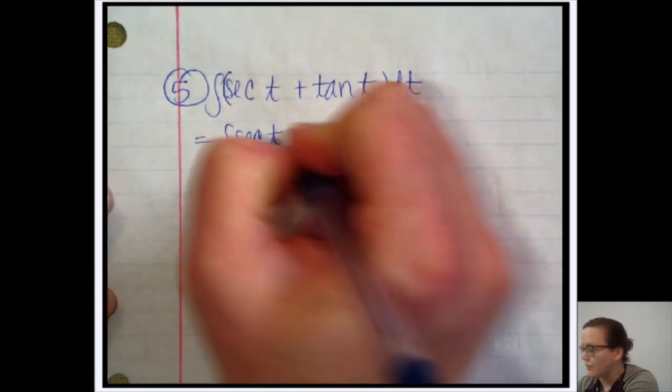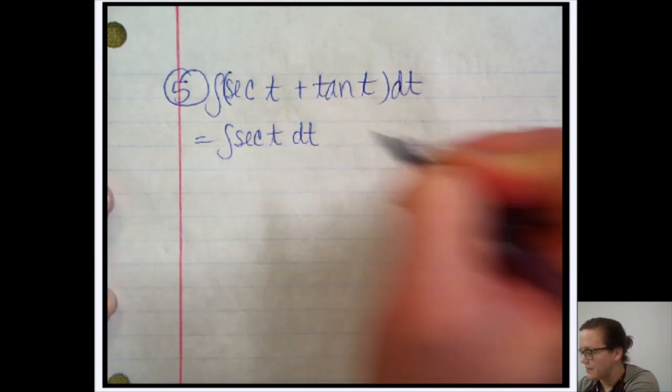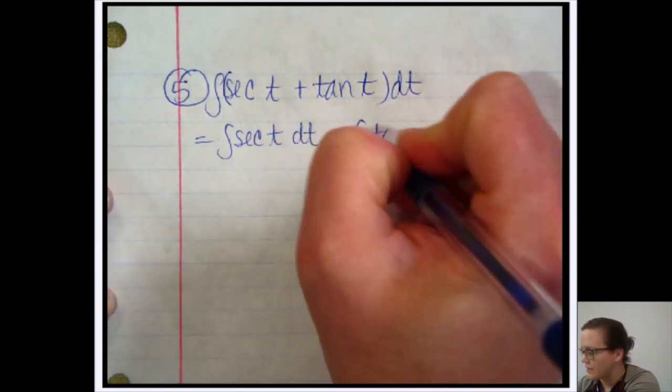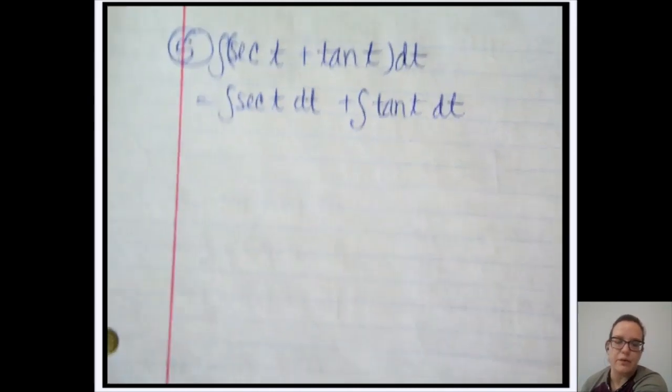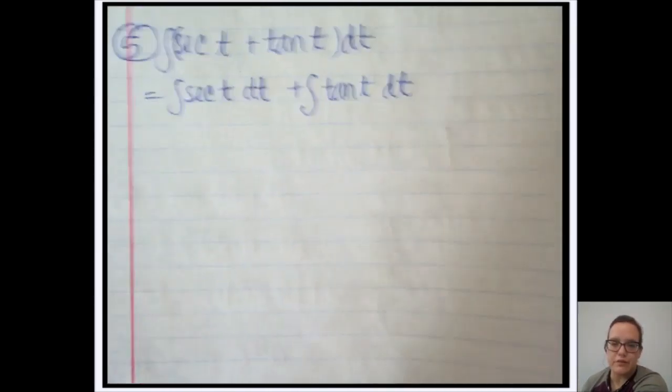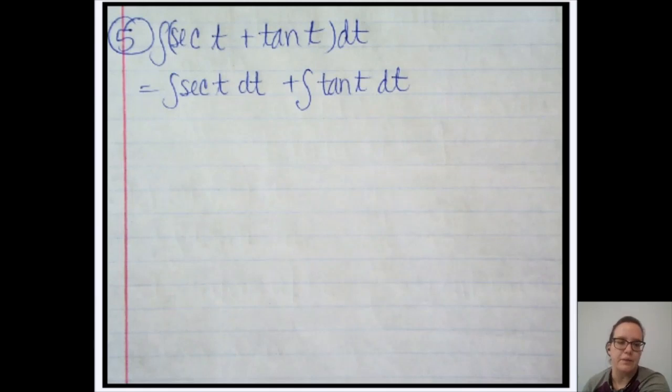It's the integral of secant t dt plus the integral of tangent t dt, at least one way to do it. Okay, so I think what they're trying to do here is remind you that it doesn't always have to be what we've been doing, right? Don't force it to work. Okay, you could also probably factor out some things and make things happen, but let's just approach it from this way.